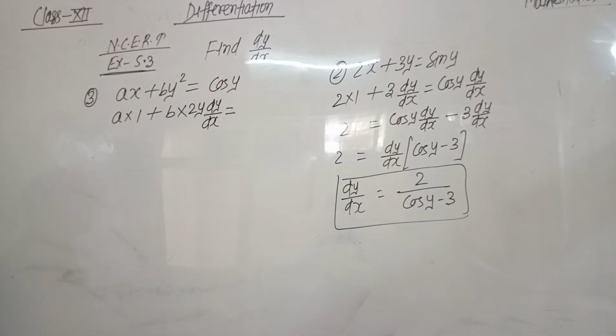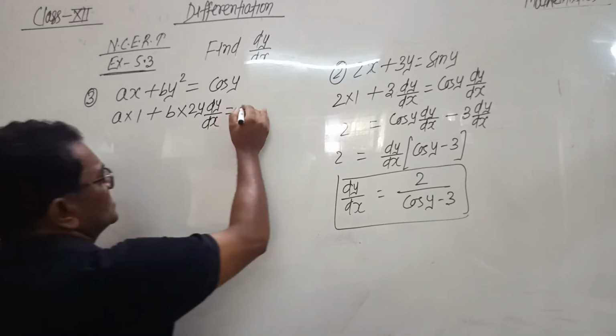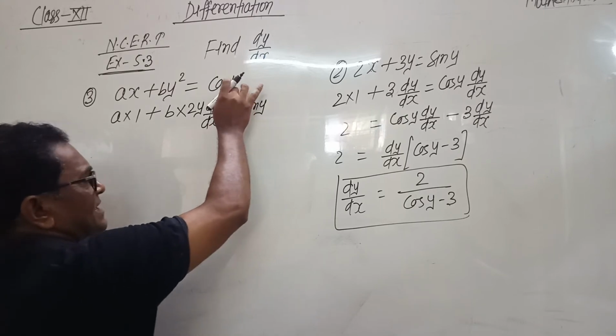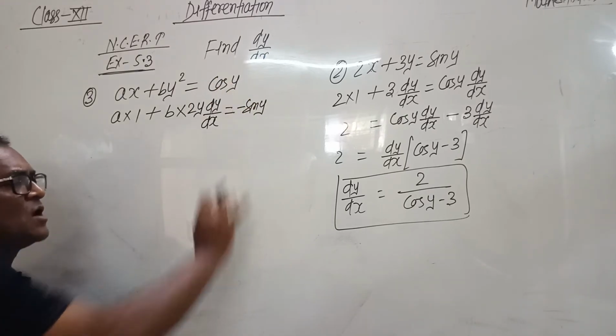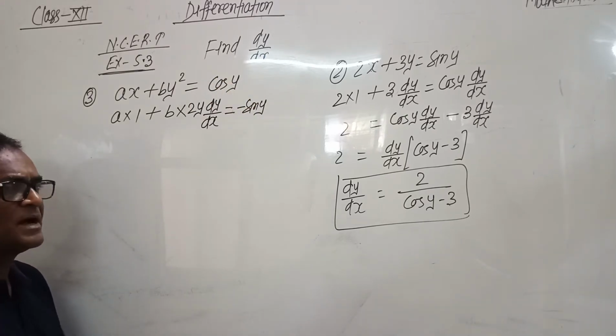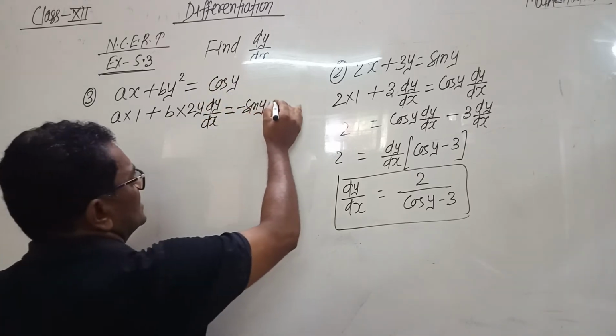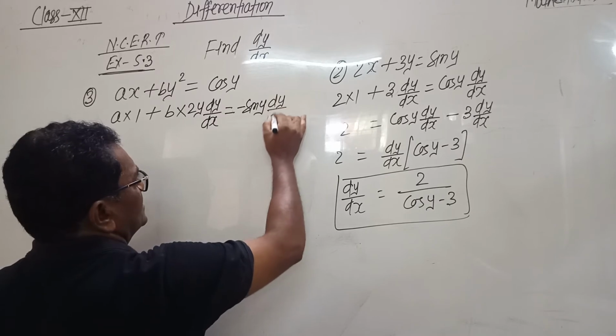Now cos y. So differentiation of cos y is minus sin y. Again, since there is y, we will have to drop cos, and differentiate y with respect to x, dy by dx.